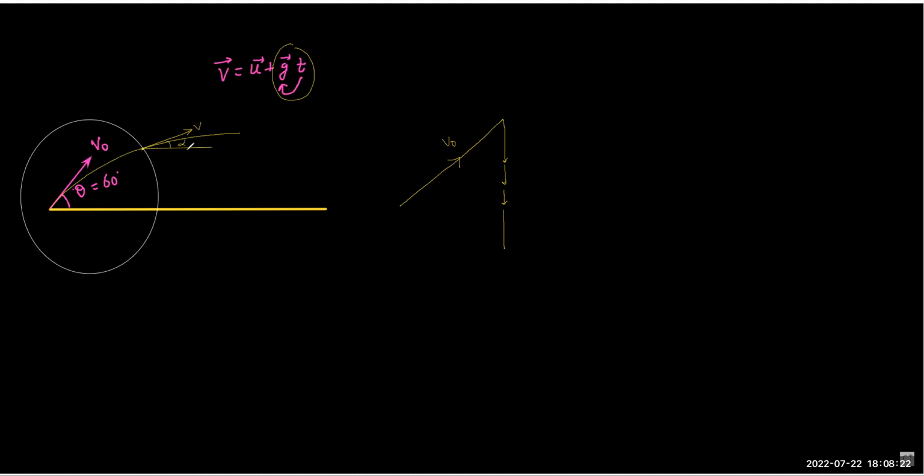Can you plot this situation in a triangle, or at least try doing this? So how to draw it? That's the question. How should we draw it to take care of the two instants, t is 0 and t equals t.